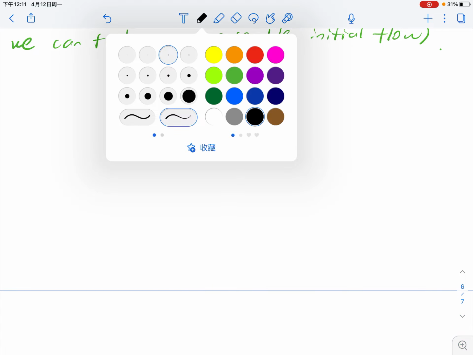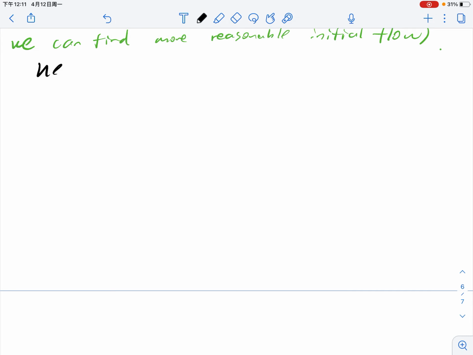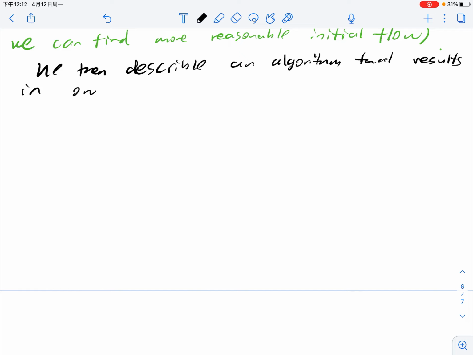So to do this, we introduce the following algorithm. We then describe an algorithm that results in one of the following two possibilities.